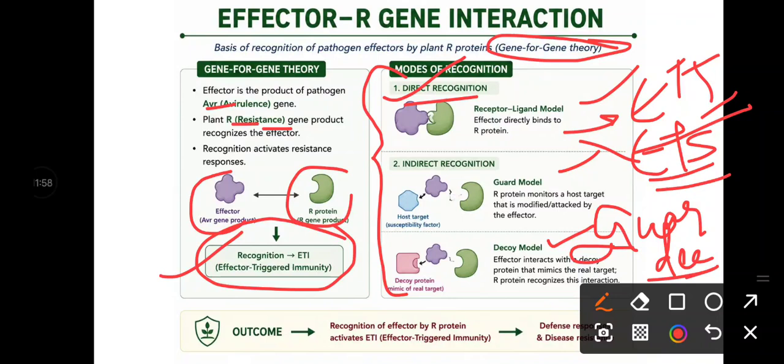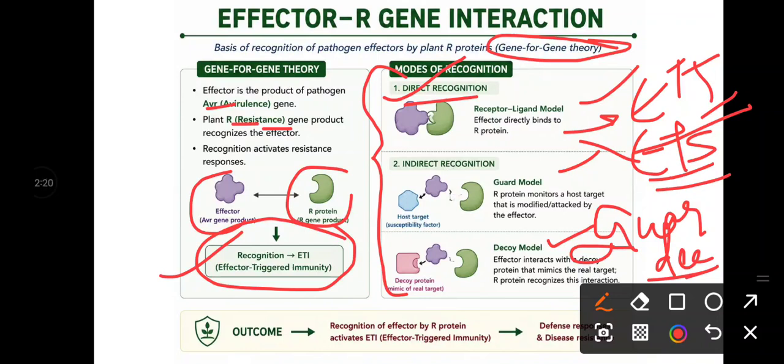During evolution they are formed by the duplication of genes. So they just mimic the effector target. By recognizing that interaction, the R gene will ultimately activate the defense mechanism.